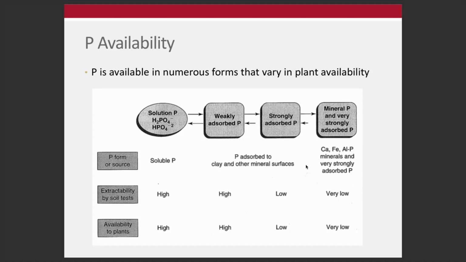So we might think of solution P, weakly adsorbed, strongly adsorbed, and then very strongly adsorbed. And we might have different successive fractions that would quantify that, right? And for phosphorus, there are several fractions that do that. A Hedley fraction is one such thing, but again we can classify these things into these nice clean boxes.